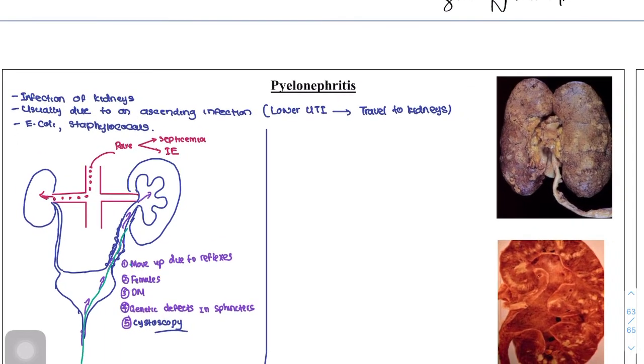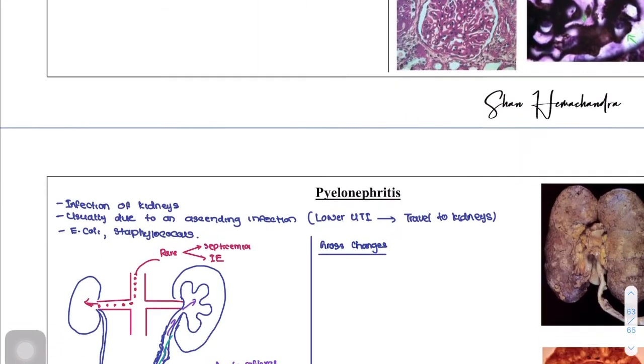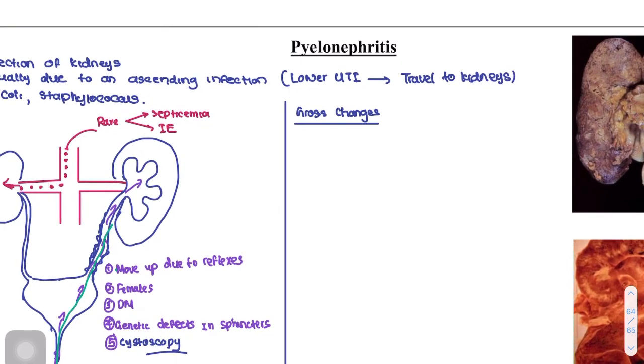Now think carefully and answer. In a condition such as nephrotic syndrome or nephritic syndrome, do you think both kidneys are going to be involved, or is it going to be just one kidney? Let's take chronic glomerulonephritis.